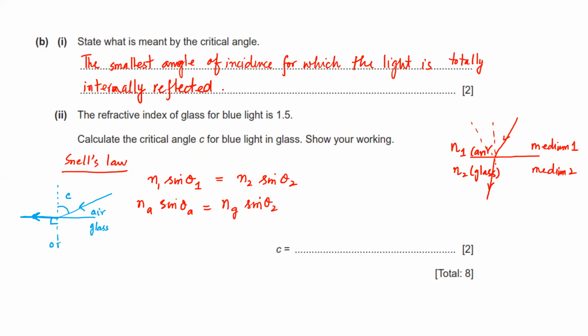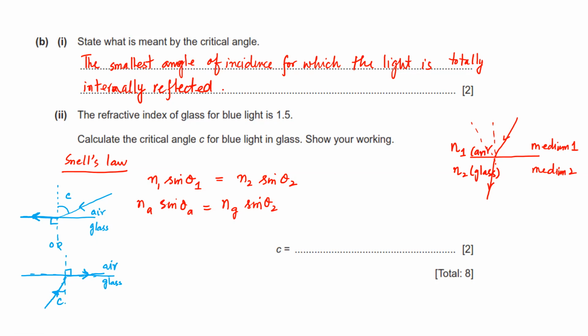Or in another way, if the light is coming from the glass and going into the air, say this is the boundary, this is glass, this is air, this is the angle for which the light is totally internally reflected. It goes in this direction as well. Both diagrams are fine.